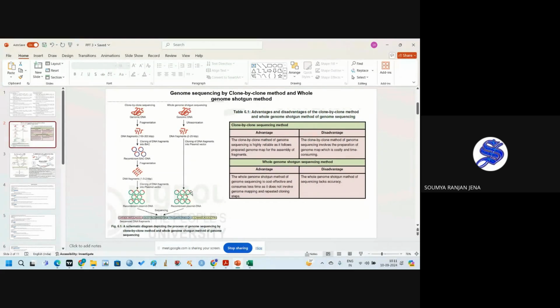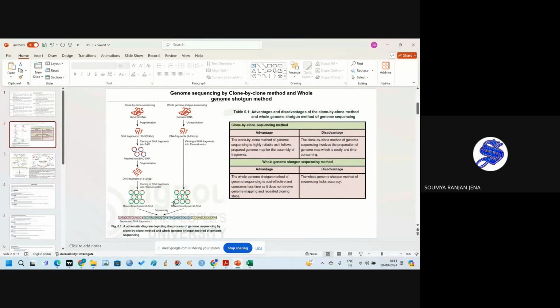And this recombinant plasmid containing our desired DNA is then sequenced using the Illumina sequencing platform. How does the sequencing happen after this recombinant plasmid?